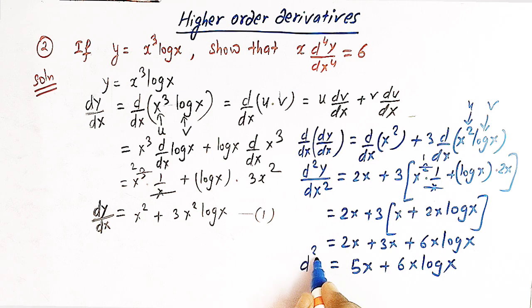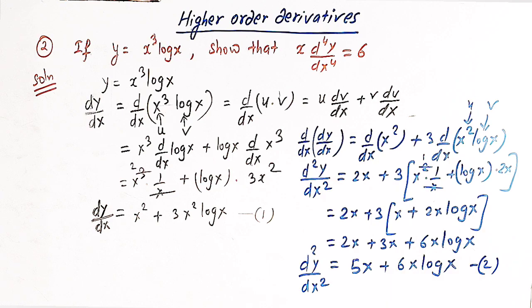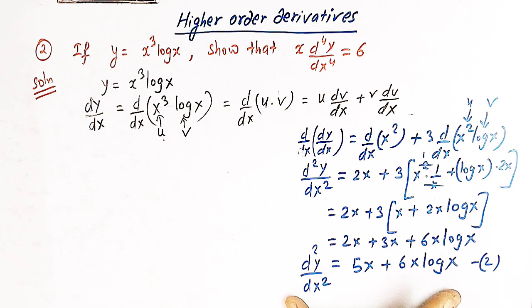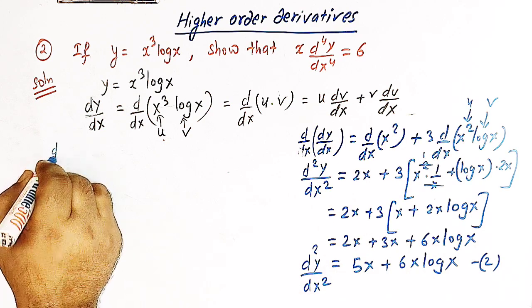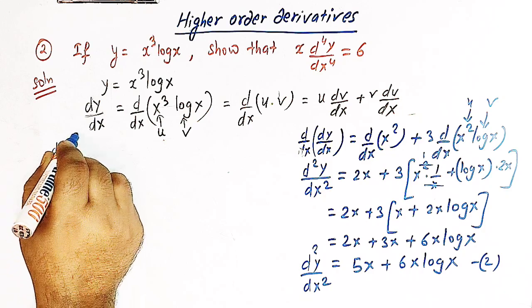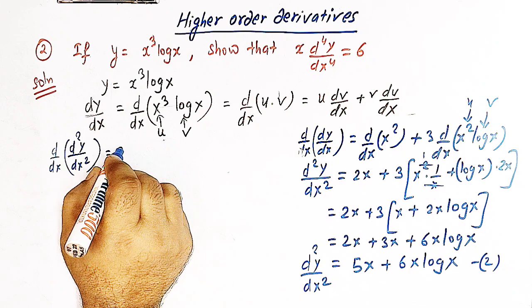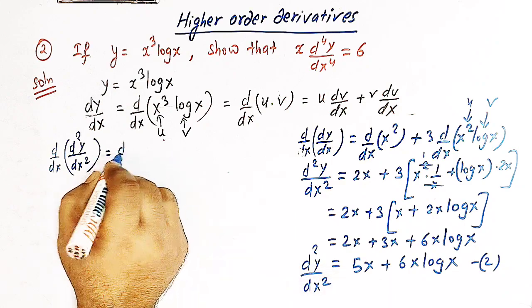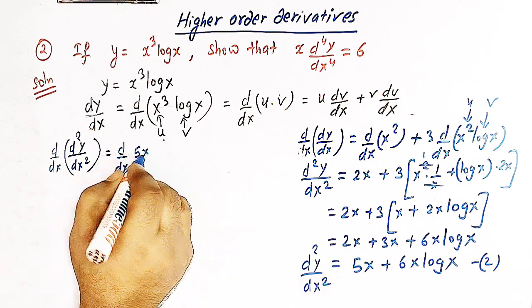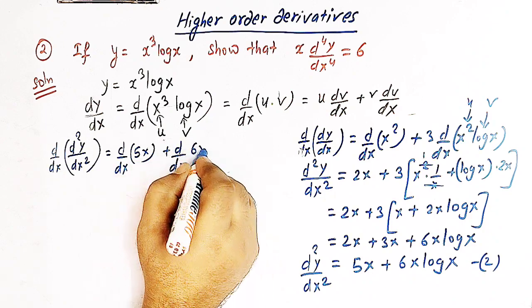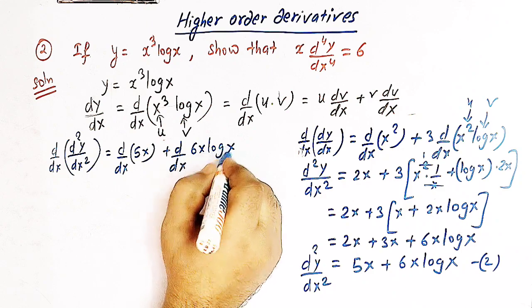So the second derivative is given by this expression. So now differentiating again both sides with respect to x, we have d by dx of d2y over dx2, and here we have the derivative of 5x plus the derivative of 6x log of x.